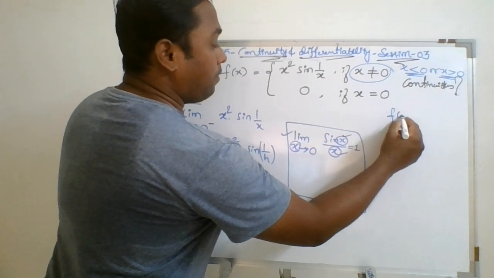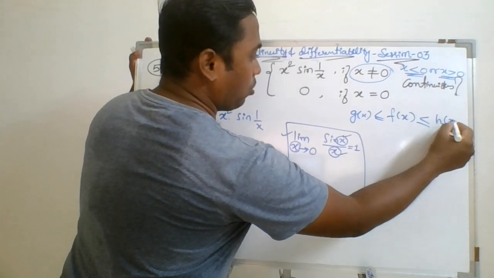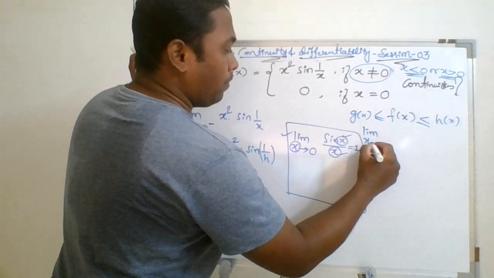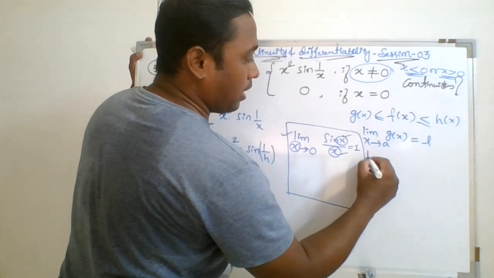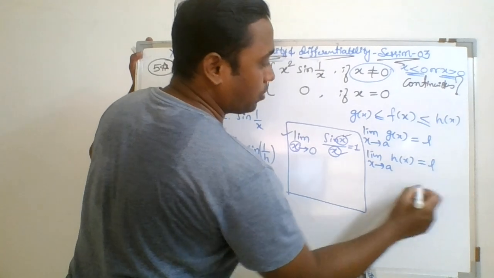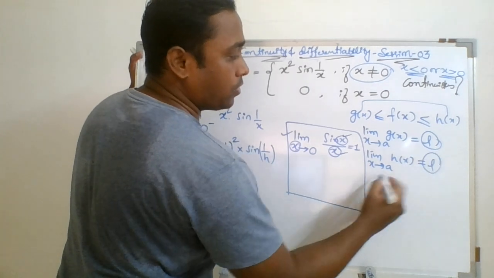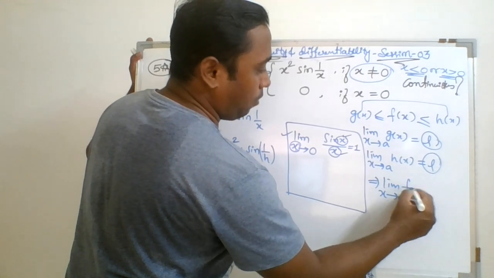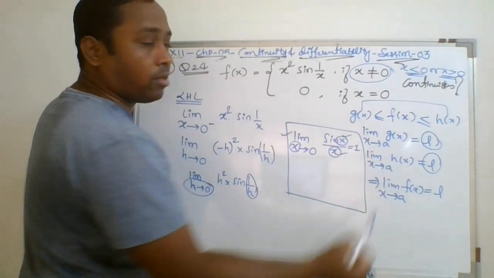If any function f of x lies between g of x and h of x in its common domain, and the limit of g of x approaches a constant L, and the limit of h of x approaches the same constant, then the limit of the function f of x also approaches the same constant. So this is what the Sandwich theorem says.